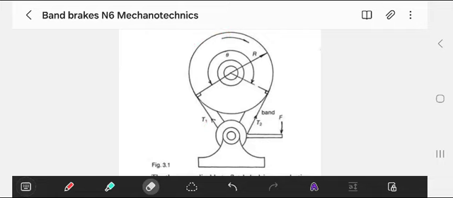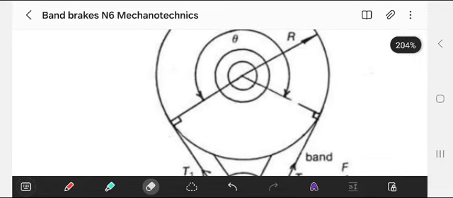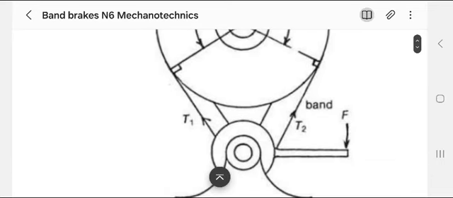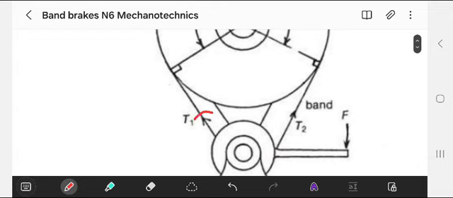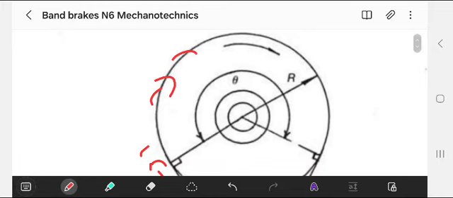Right, this is a rotation. You see it here. We have T1 going that way, and T2 going that way. So this is continuing like that. T1 is going in the direction of the rotation, and the brake drum is rotating in that direction.